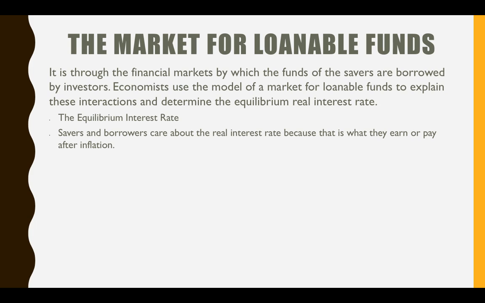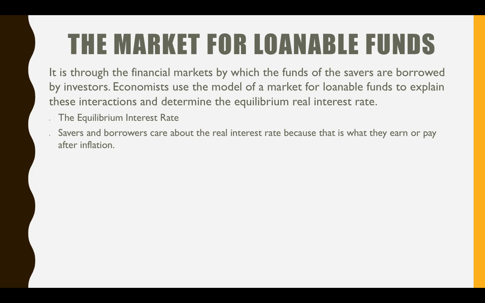So the equilibrium interest rate is the real interest rate, because when you borrow money or are going to be paid back money, you want to know what your real returns are going to be, right? I could be making 20%, but if inflation is 20%, that interest rate is not very helpful to me. I want to know what my real returns are.